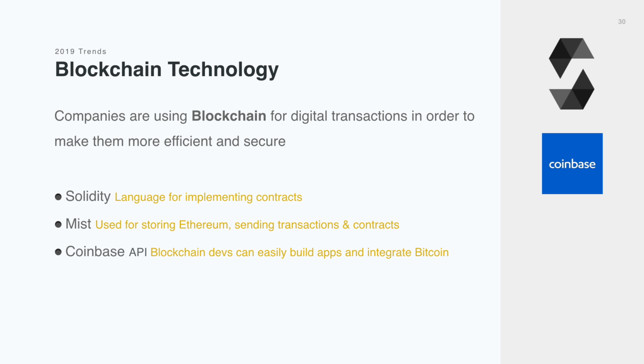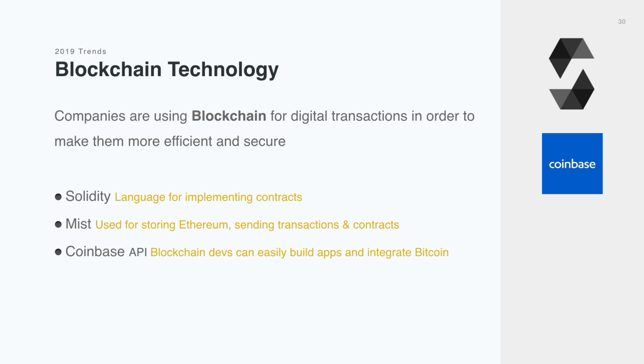So blockchain technology is being used by companies for digital transactions in order to make them more efficient, reliable, and secure. Crypto is currently down right now for the most part, but I don't think the technology itself is going anywhere. You have Solidity, which is a high-level language for implementing contracts. Mist is used for storing Ethereum, sending transactions and contracts.